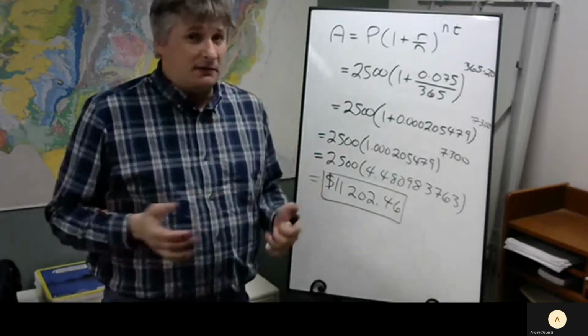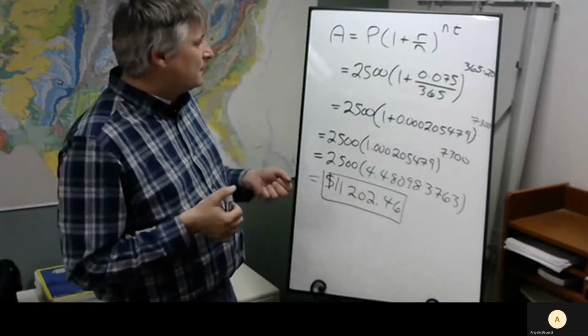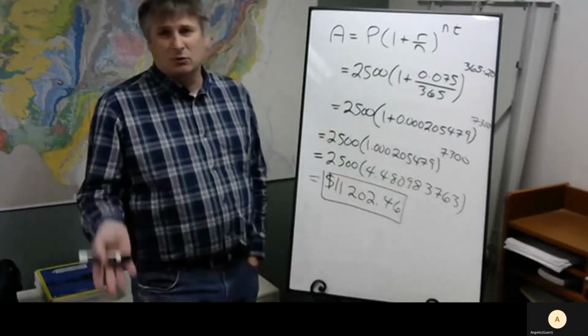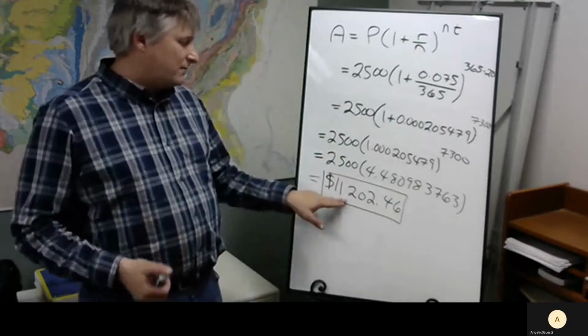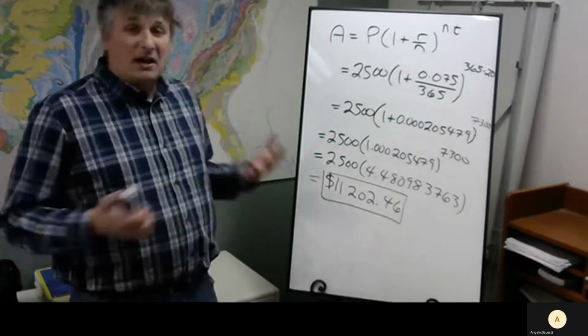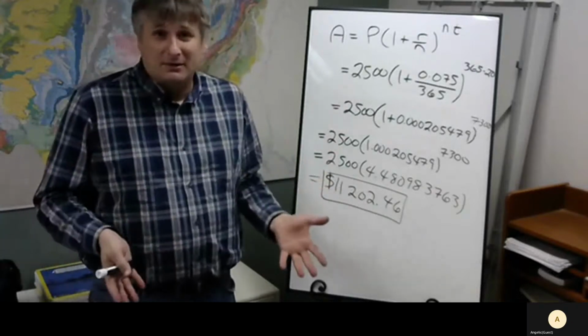You might want to be checking that. But let's say generally 7.5%. Well, you put the money in, let it sit there, and after 20 years, you'll have over $11,000. So not a bad deal for just letting money sit in an account and spend some time.